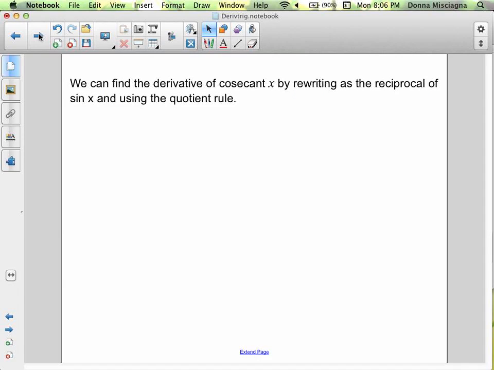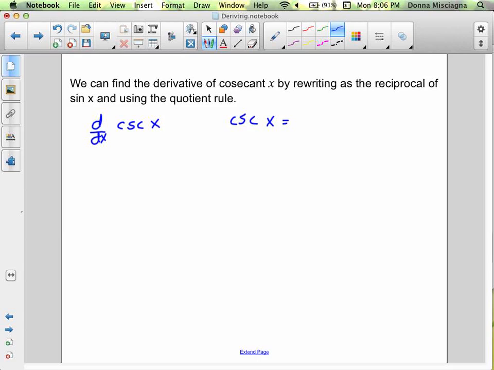We can find the derivative of cosecant x by rewriting it as a reciprocal of sine x and using the quotient rule. So we want to find the derivative of cosecant x. Remember that cosecant x is equal to 1 over sine x, and this is a reciprocal identity.